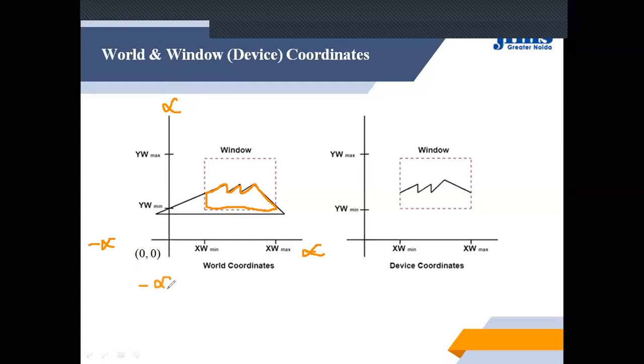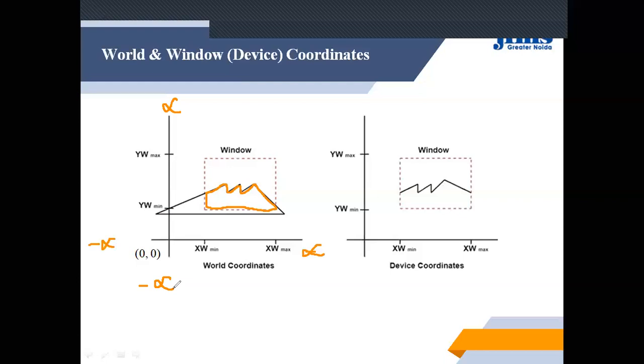In simple words, the coordinates of the world image are minus infinity to infinity in the x direction, and minus infinity to infinity in the y direction also. This is about the world image as well as the world coordinates.